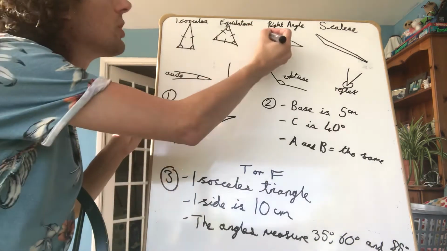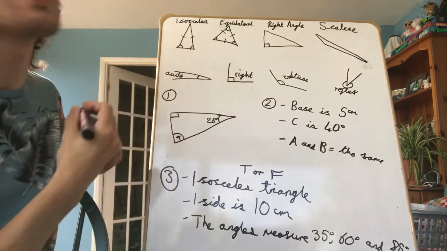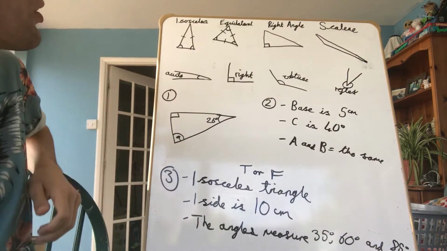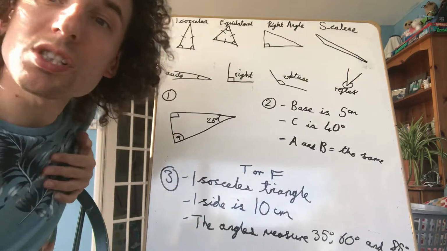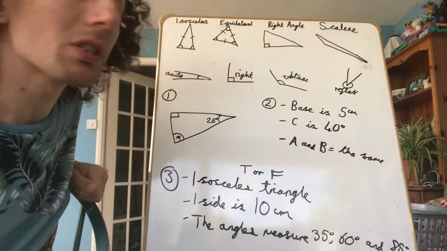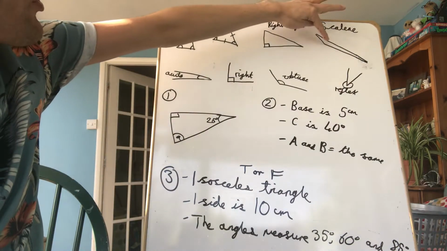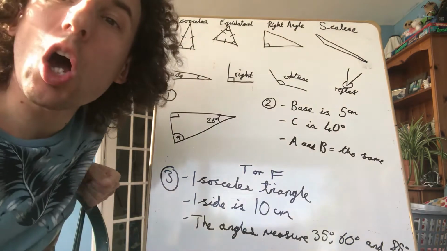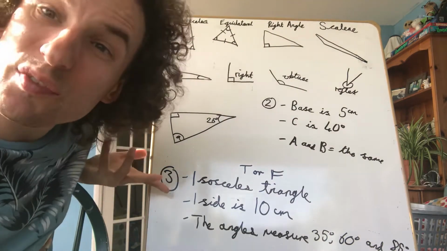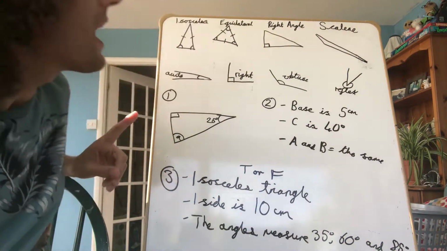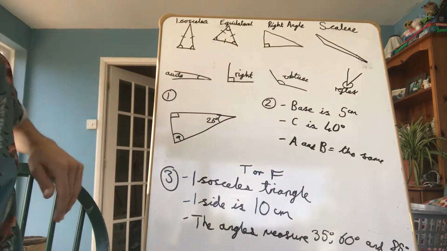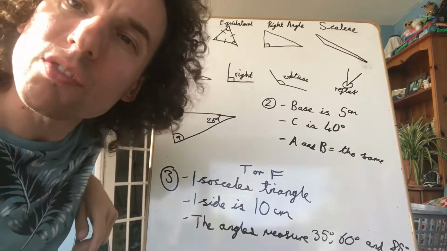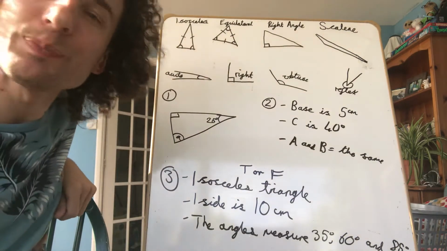Right angle triangle. Yep, there's a right angle that fits in there. Right angle triangles are also scalene triangles, because scalene triangles have 3 sides that are different lengths and therefore 3 different angles. Occasionally right angle triangles can be isosceles, but most of the time they are scalene.